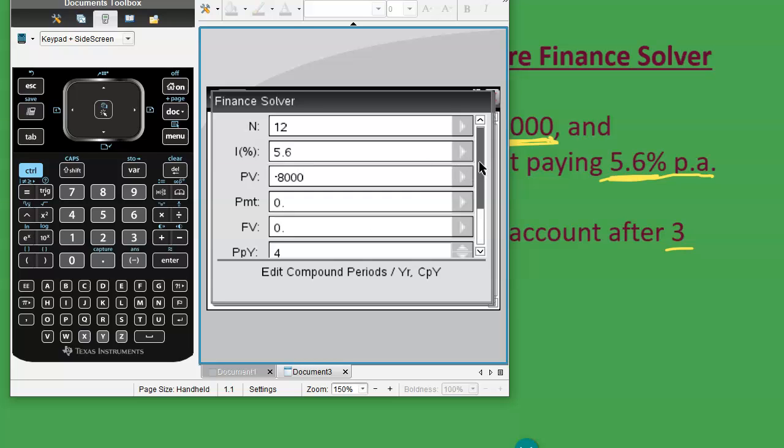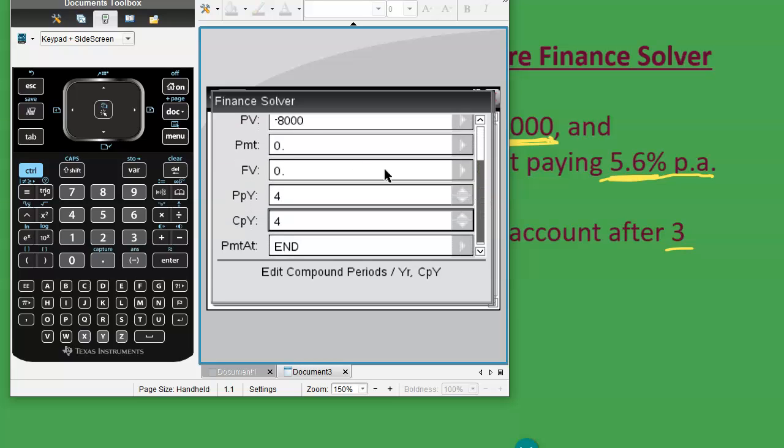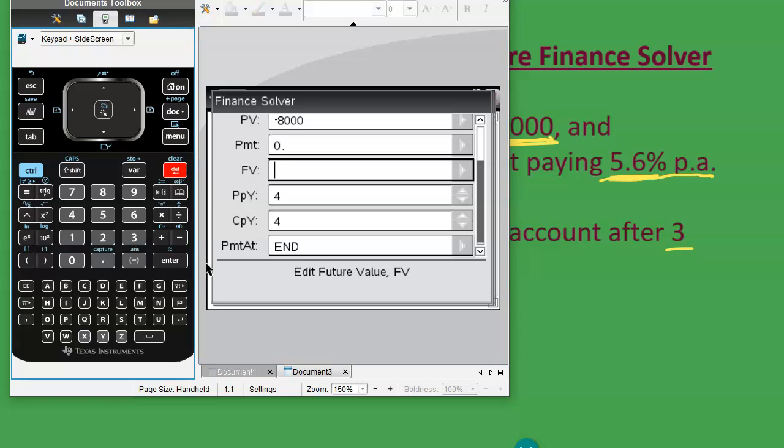And now we have given all the information to the finance solver, and we are in a position to ask the finance solver to give the answer. So we press enter. 9452.47.